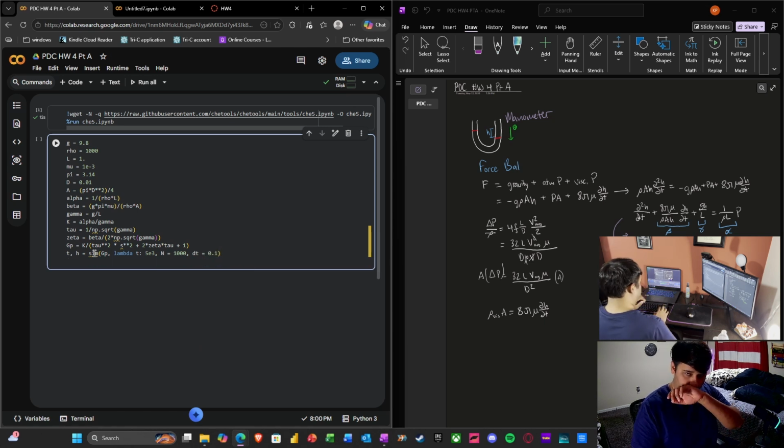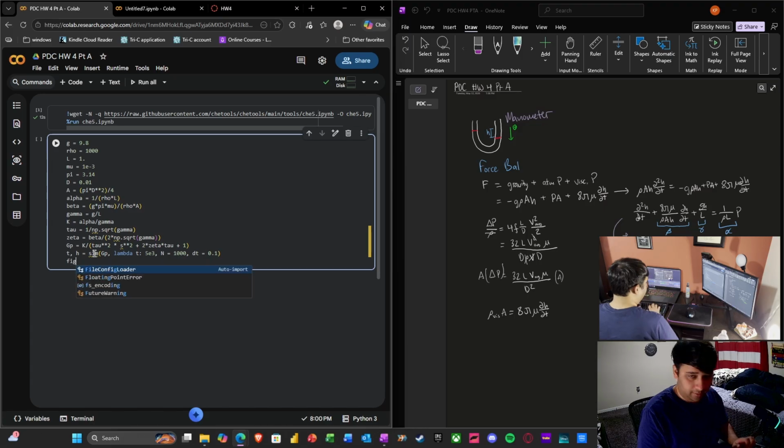And then I'm going to go ahead and fig.add_scatter and plot our chart, so x equals t, y equals h.